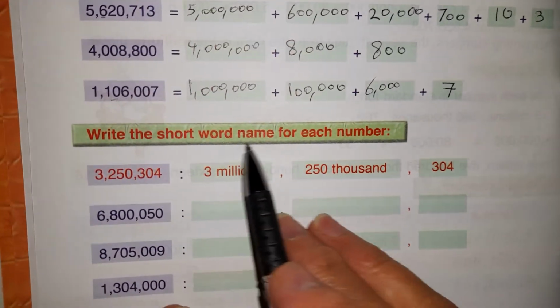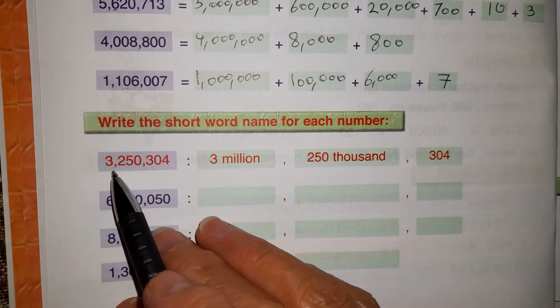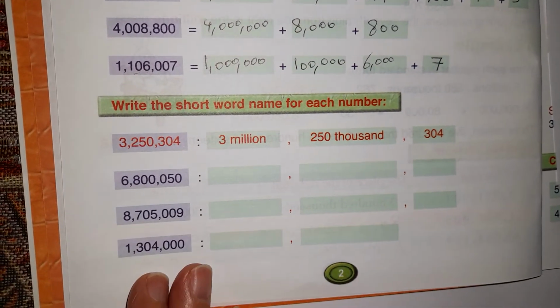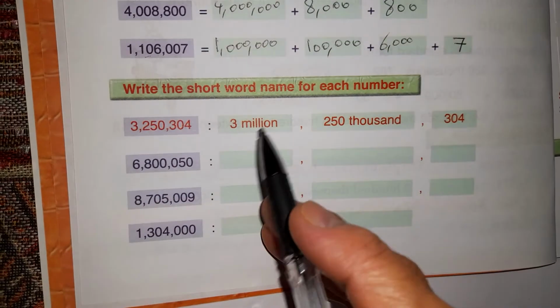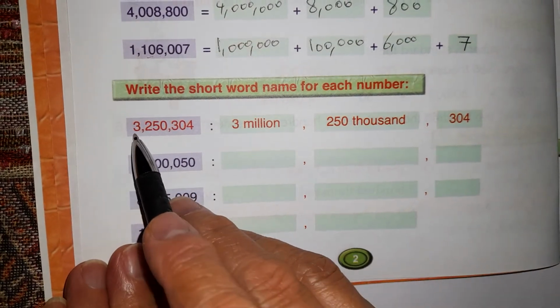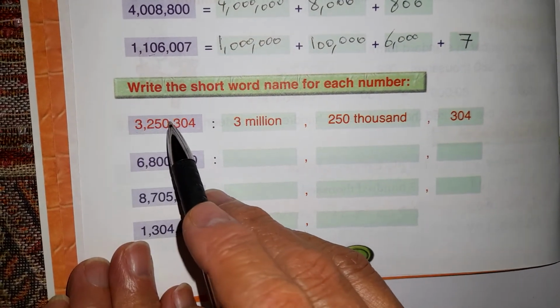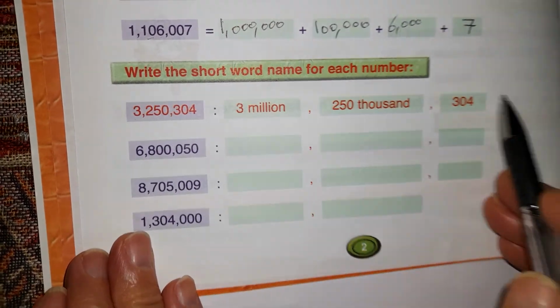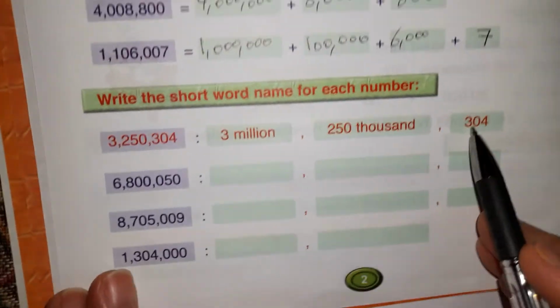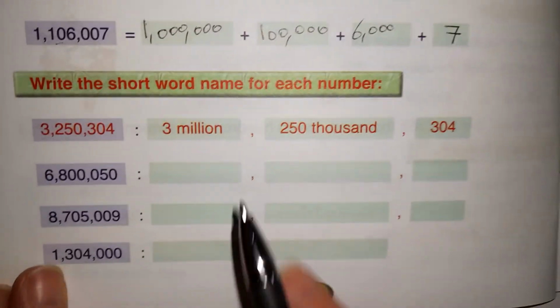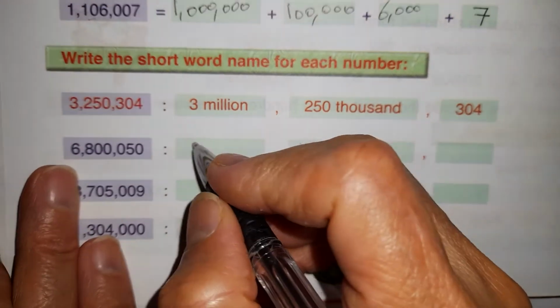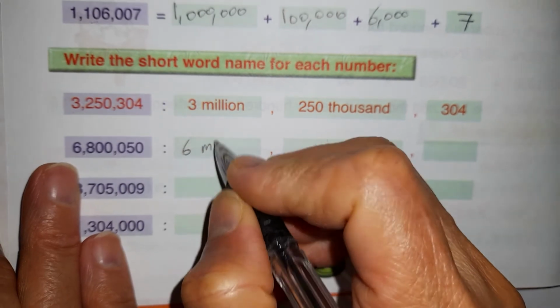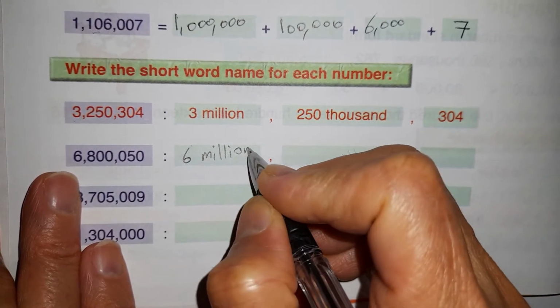Write the short word name for each number. I will go to each period and write the digit with the name of the period. This is 3,250,300 for what? Don't write anything once, only write 304. Now let's come here. It is 6, but where? In the millions.